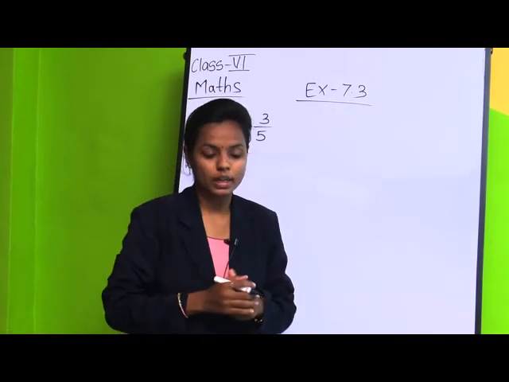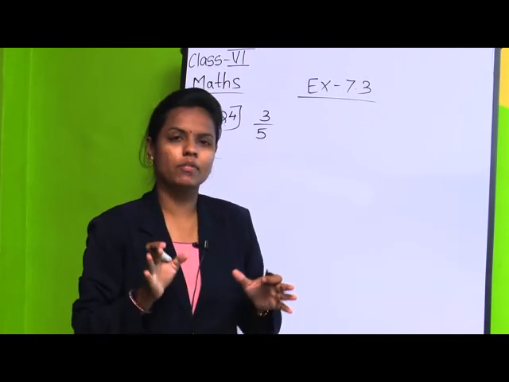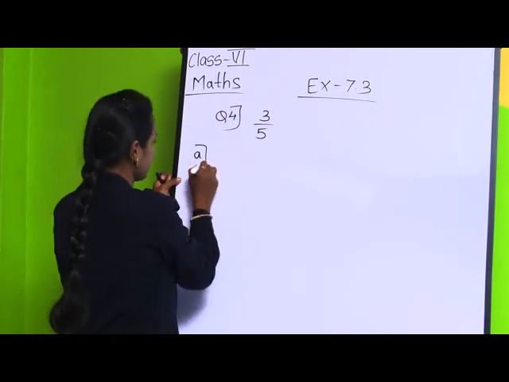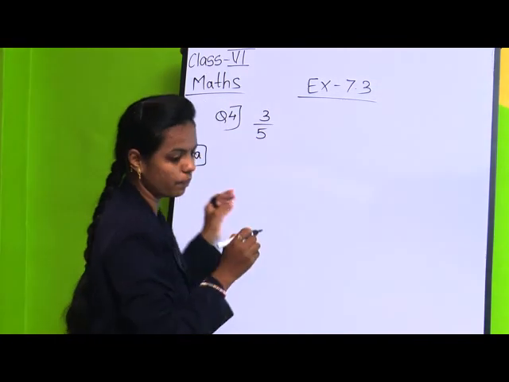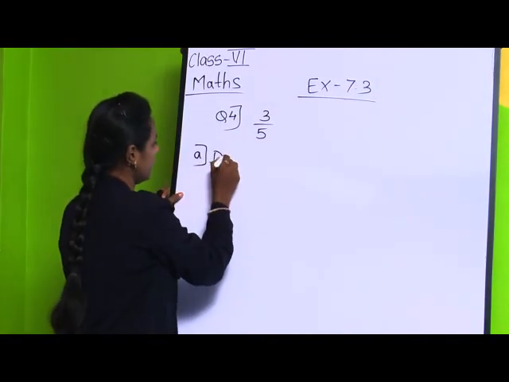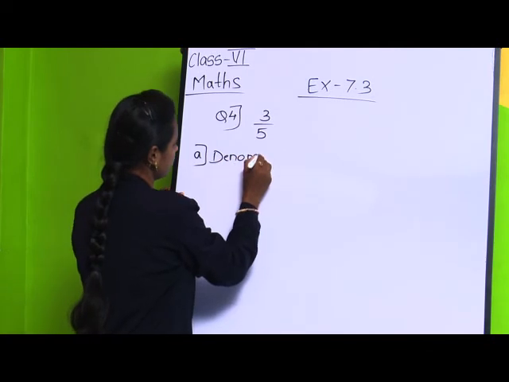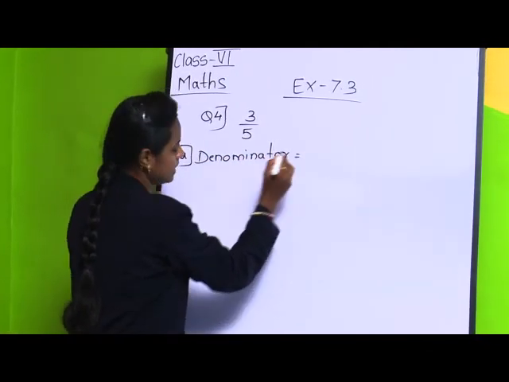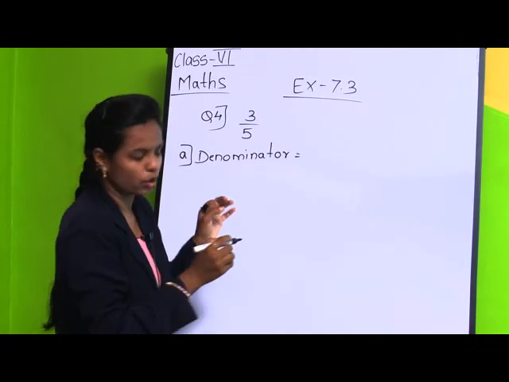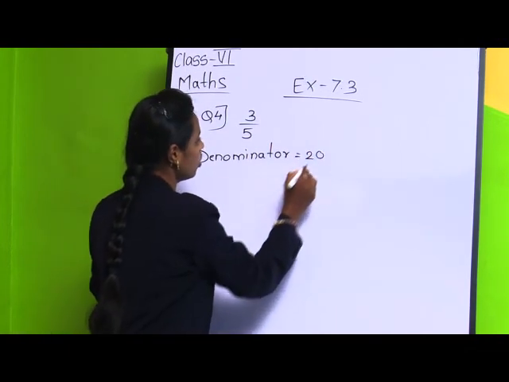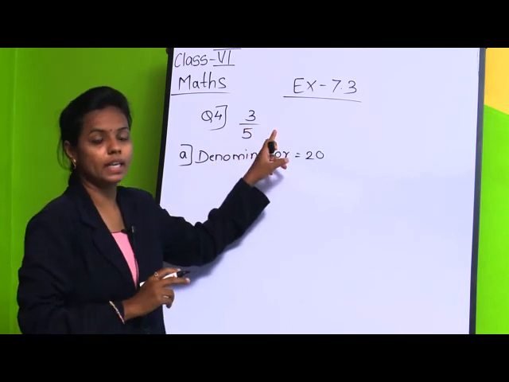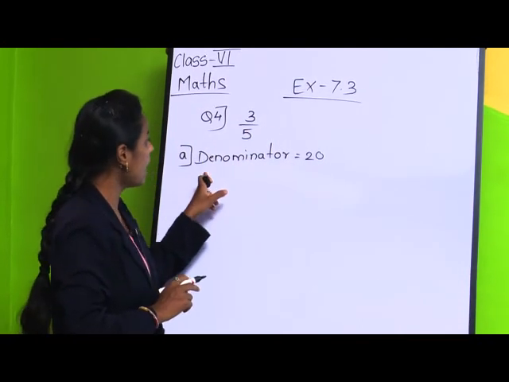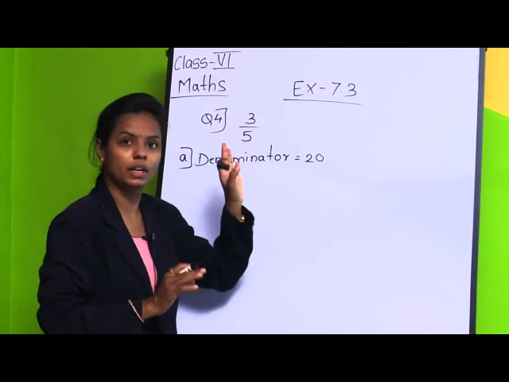In the question they have given a few numbers. First, the denominator is equal to 20. So, we have to find the equivalent fraction of 3 by 5 wherein the denominator must be 20.